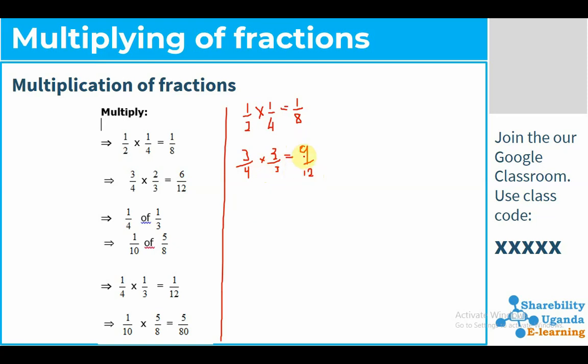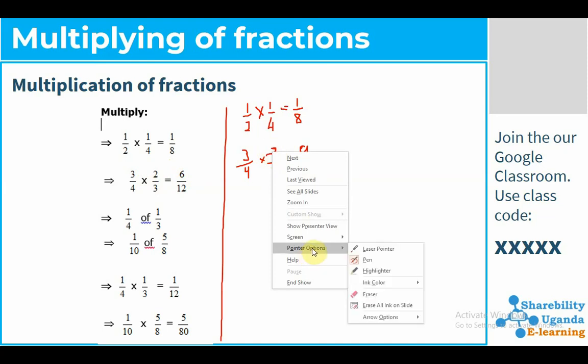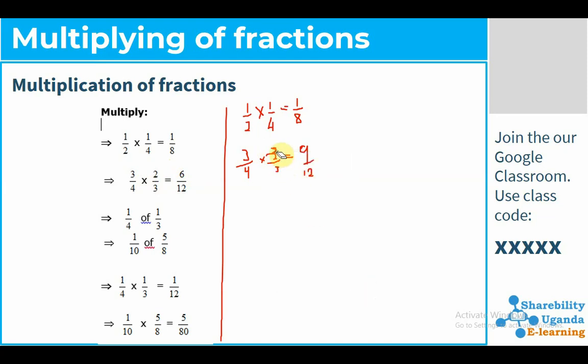Okay, you can see here they got a different answer. What is the problem? Yes, we can see here they had a 2. This was a 2. Let me remove it and make it right.